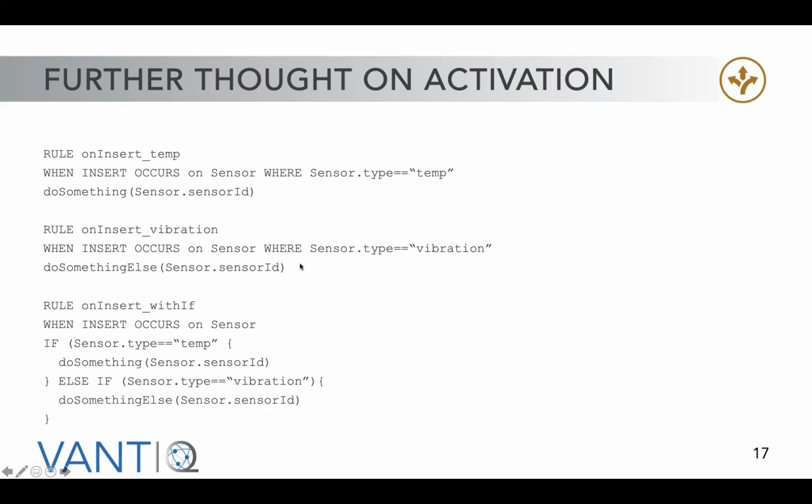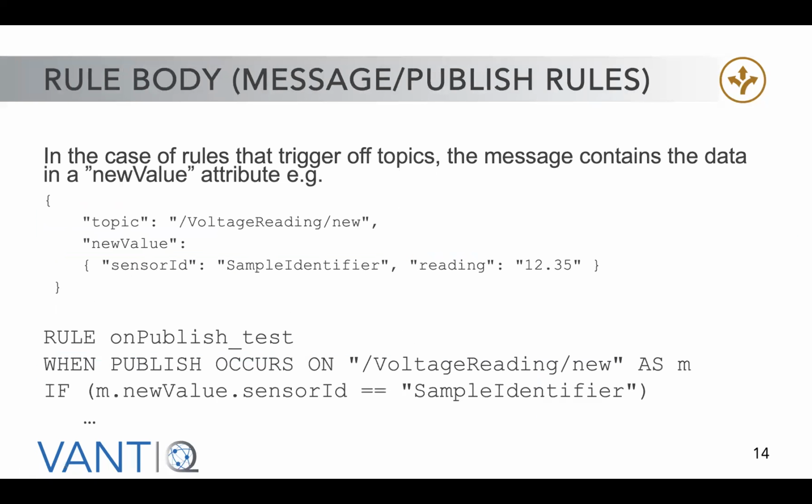Because in the end, they would always run this guy 50% of the time, this guy the other 50% of the time, and this one would always run 100% of the time. So they would actually be equally performant.